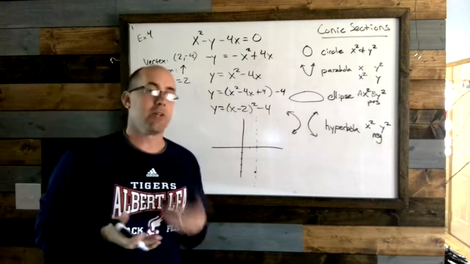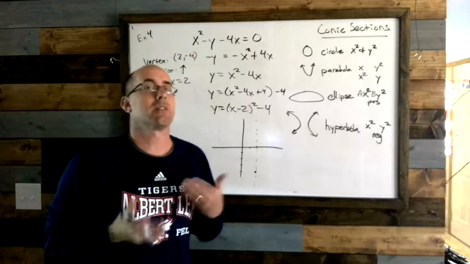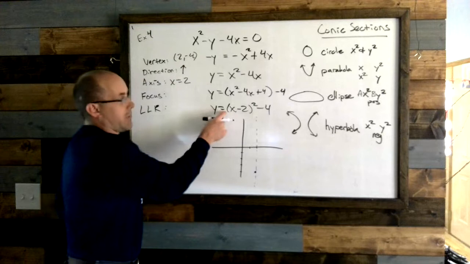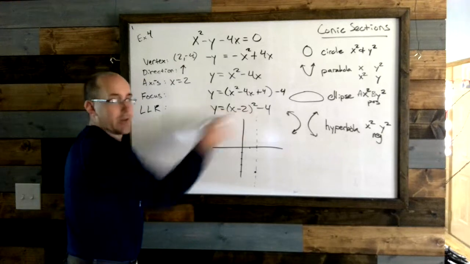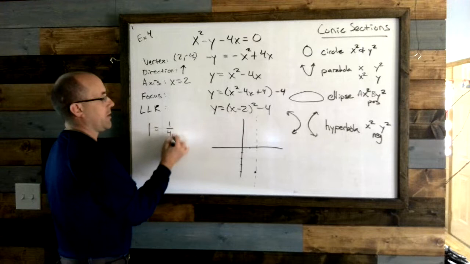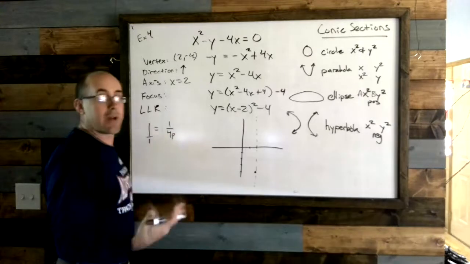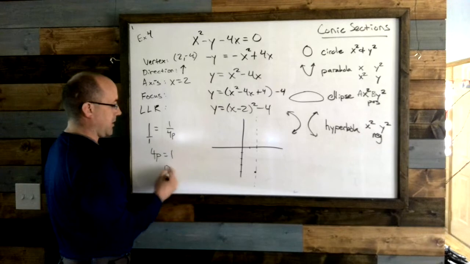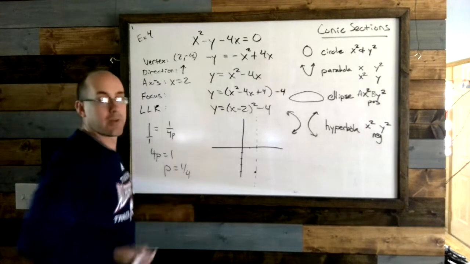So all we need to do that's really new for us is to determine this p-value. I take the number that sits in front of the squared, which is 1, and set it equal to 1 over 4p. If I cross multiply, I get 4p is equal to 1, so p is 1/4.